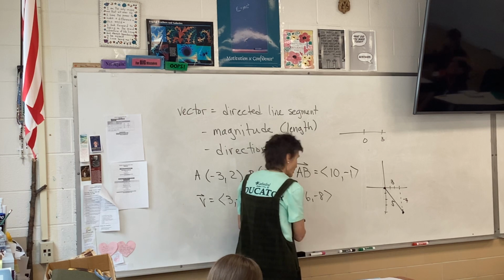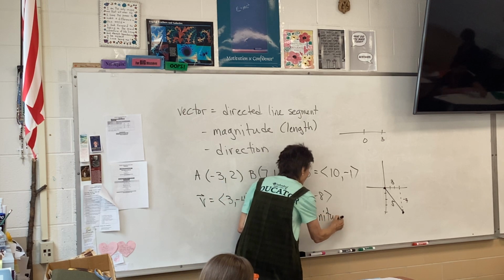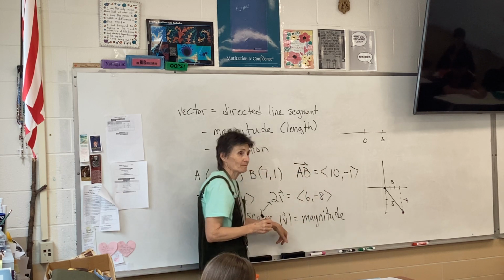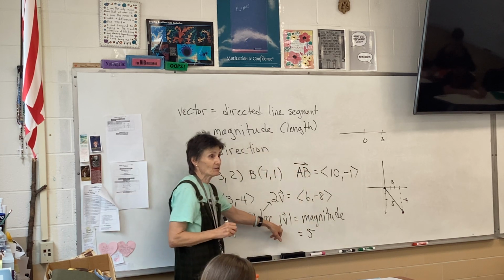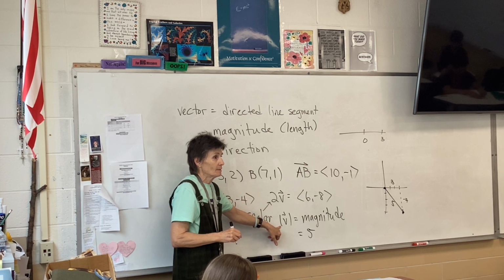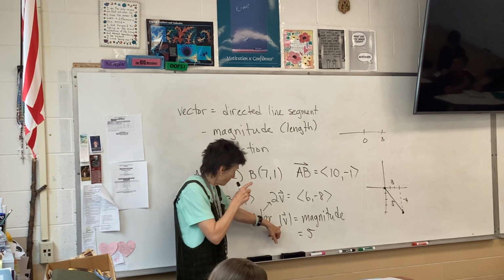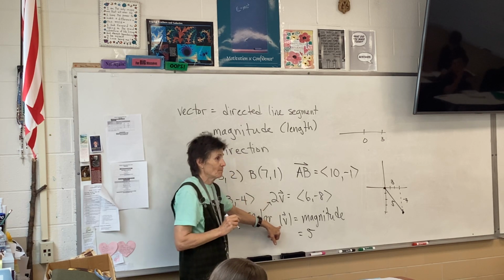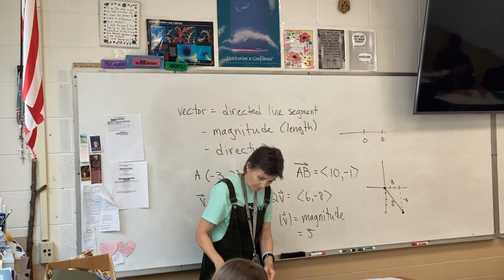This notation is the notation for magnitude. How long is that vector? 5. This notation means magnitude. How far are you from start to finish? You can just write that as a 5. Okay? All right.